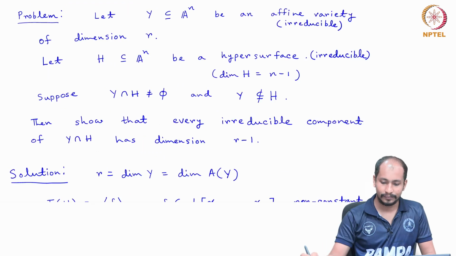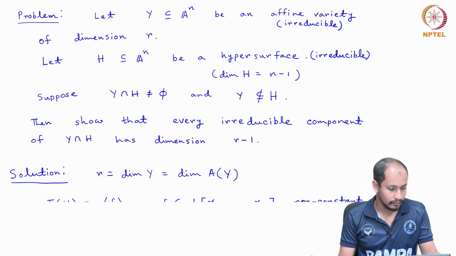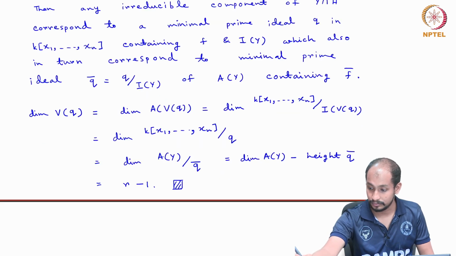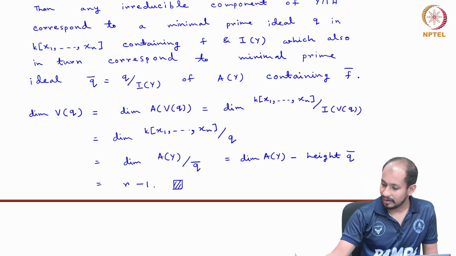So okay. Next I will introduce the concept of the cone of a projective variety. I will not go into details, but I will just introduce it and apply the notion of the cone of a projective variety.